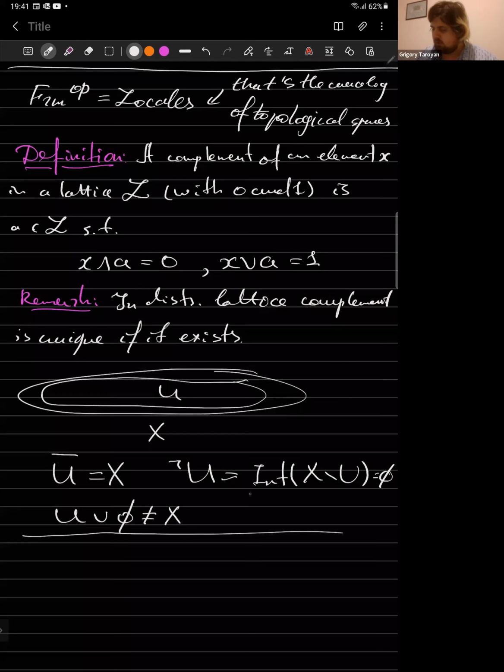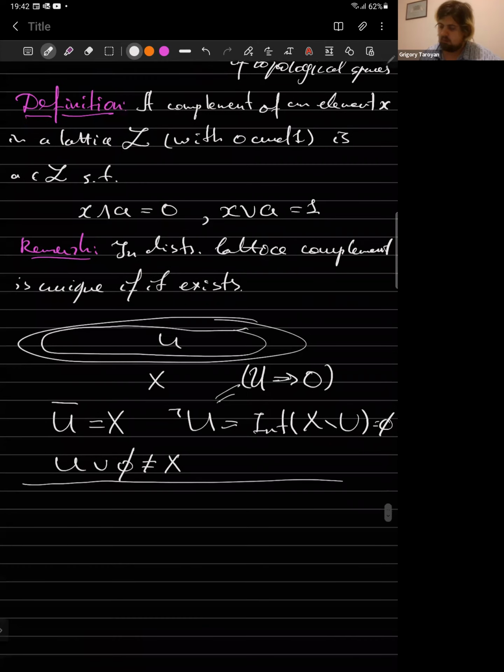So this thing here will of course coincide with this open subset, but since we don't have this defining equation for the complement, an open subset defined like this, or in any lattice, anything defined by this equation, is often called a pseudo complement.